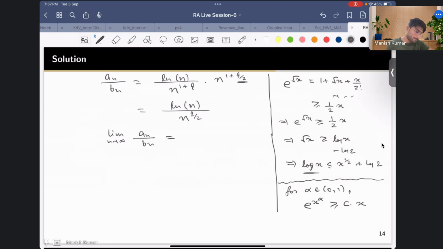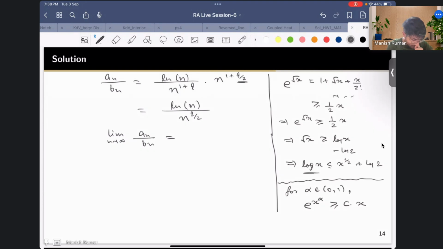But will it be true? Just a second, because if alpha is non-rational, then we cannot say. So let's take alpha rational, some fraction, say alpha is 1 by k.